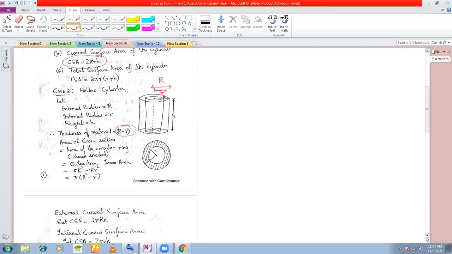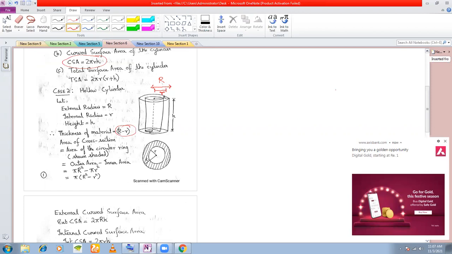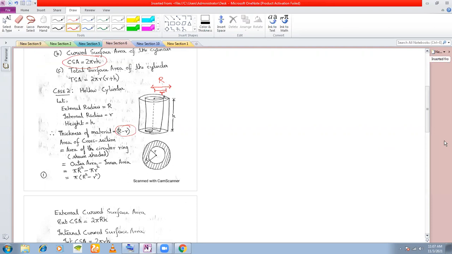Okay, now the area of the circular ring. If you see these hollow cans from the top, what you will see is this kind of concentric circles here. From the top, this is the top view, and the shaded part that you see is actually the thickness.